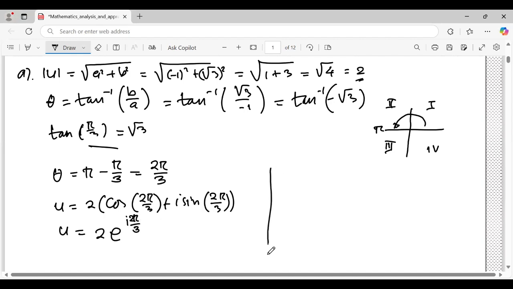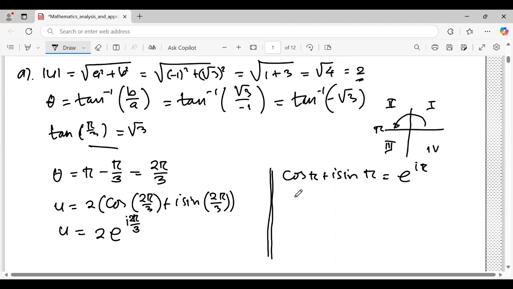Because according to Euler's formula, cosine theta plus i sine theta is e power i theta.